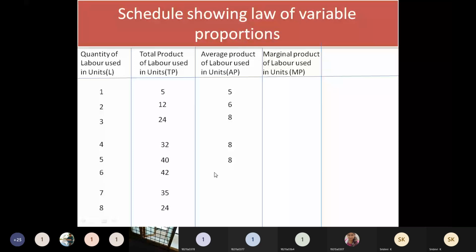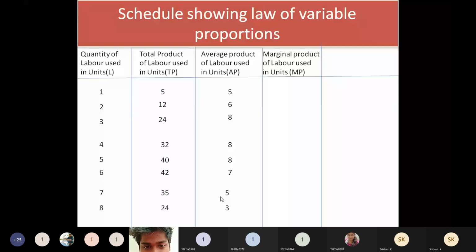So if you go for the sixth one, what is happening here? The average production is reducing. So instead of 8 products, all the people are producing only 7 products. Okay, so here production started decreasing. If you increase one more worker, the production has been reduced to 5 products each. So production is still decreasing.